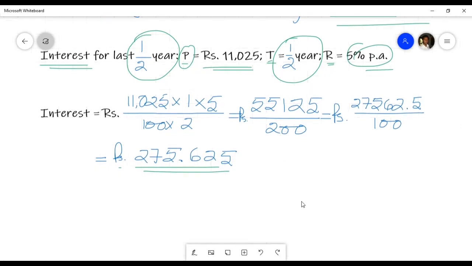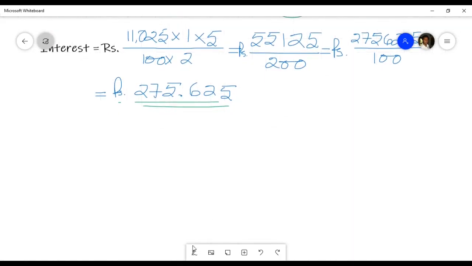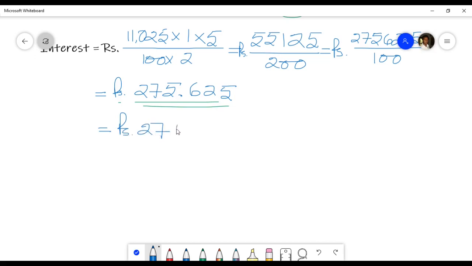So we can also write the answer to 2 decimal places, right? So we can write it as rupees 275.63.